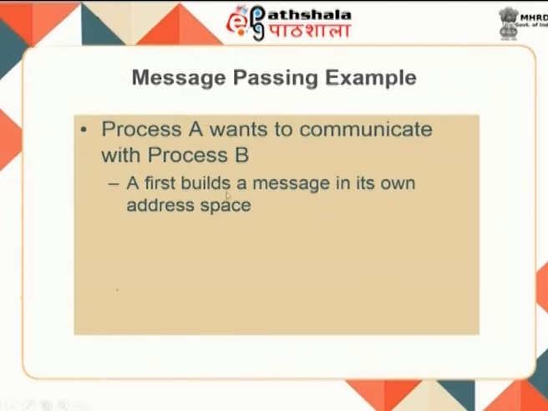So, the process A builds this message along with the data that it wants to pass in its own address space in the machine where it is running, and then it executes a system call to tell the operating system that I have a message, and this message has to be sent to the other machine or other process.